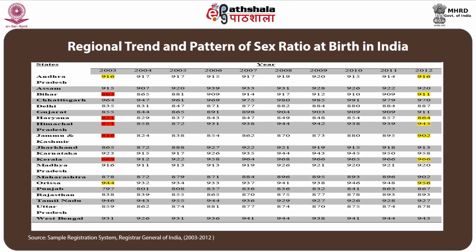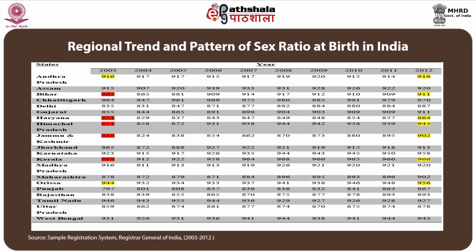While over the period some states observed improvement, undoubtedly, there are still large pockets of concern in the country. You would see from the table that there are different regions, different states where there has been slight improvement over the last decade, but there are also cases of worsening in the sex ratio at birth. In general, the sex ratio at birth patterns in the country sometimes show an alarming pattern of very low sex ratio at birth in certain contexts.